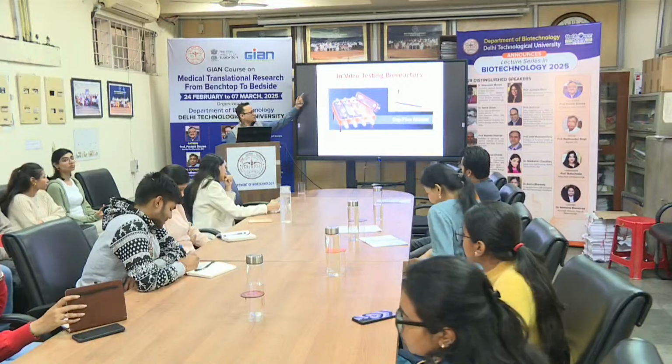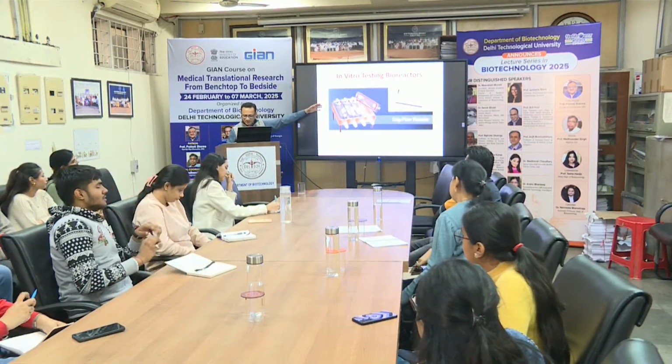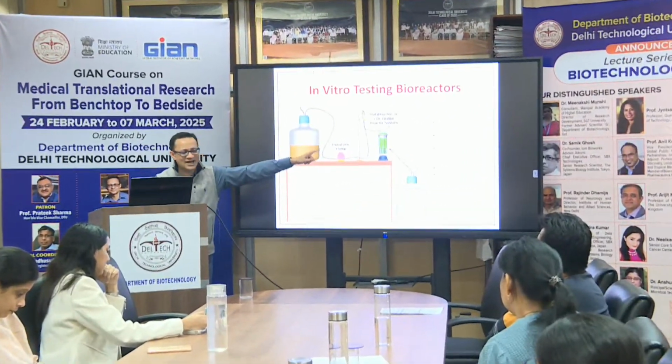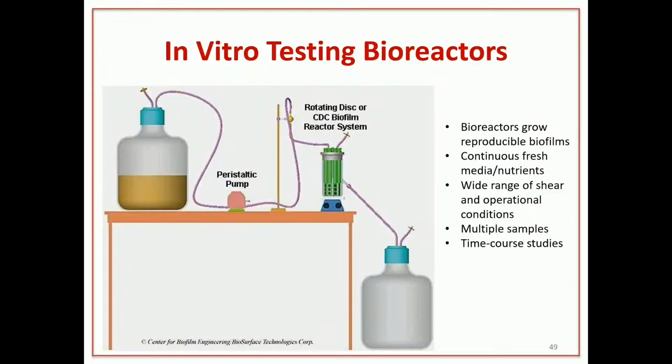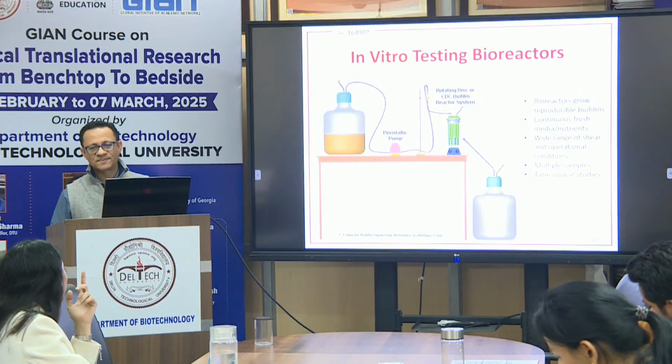So we keep flowing the media, there is a pump. It's the same setup. We are just changing that green CDC reactor with this drip flow reactor. Then after whatever time, you take the pieces, you homogenize them, and you look at the colonies and everything.